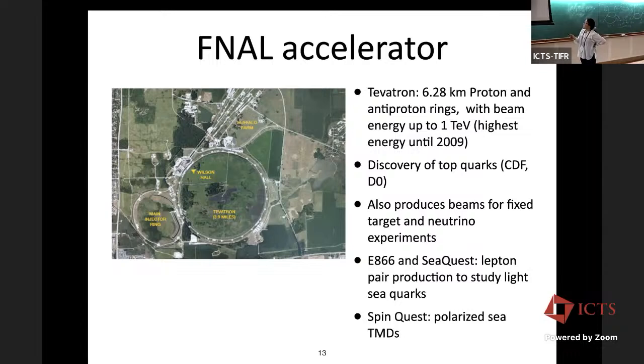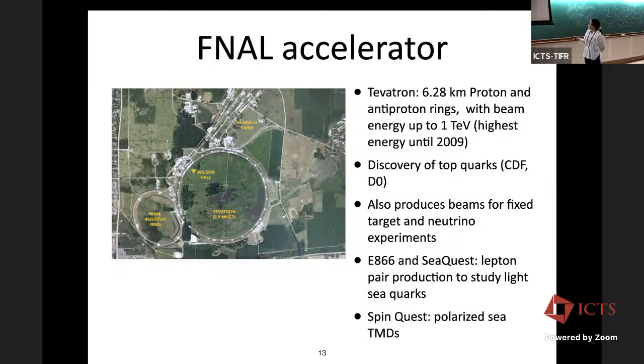I'm almost there to finish the accelerators. Another one is the Fermilab accelerator. There's the Tevatron here, which is the proton-antiproton collider. You can have energy up to 1 TeV, which gives you a total collision energy of about 2 TeV. It's famous for its discovery of the top quark, but our interest here for hadron structure is rather in the fixed target experiment at Fermilab. The Main Injector ring here can provide up to 120 GeV and send the beam to produce hadron beams using some other target.